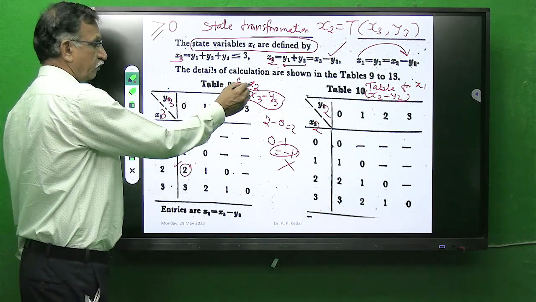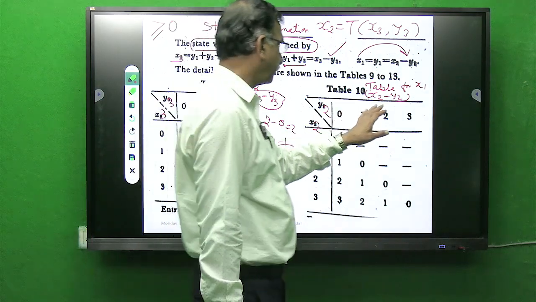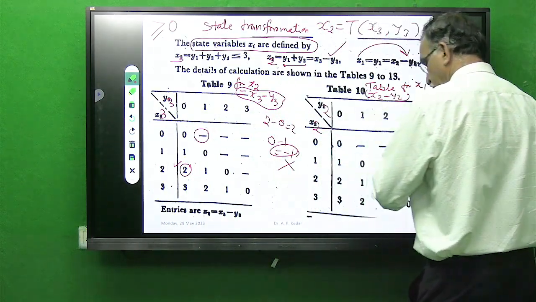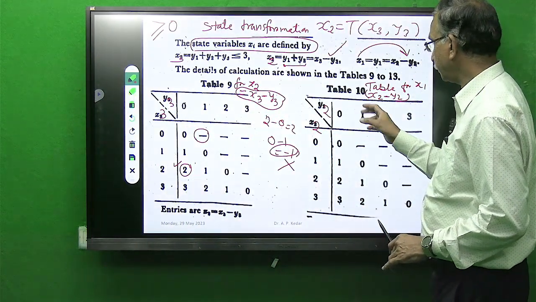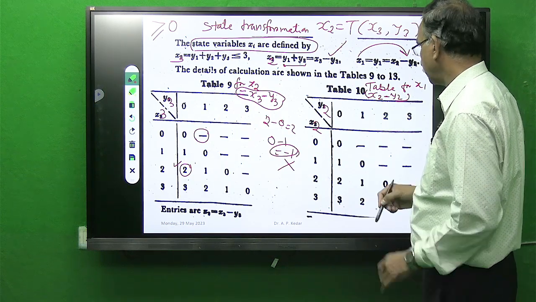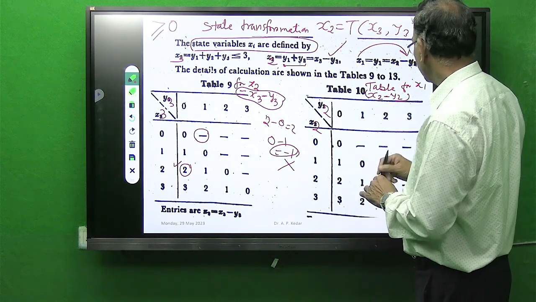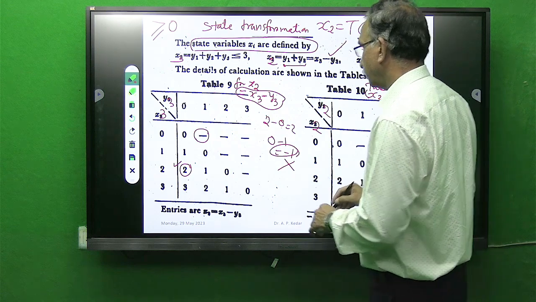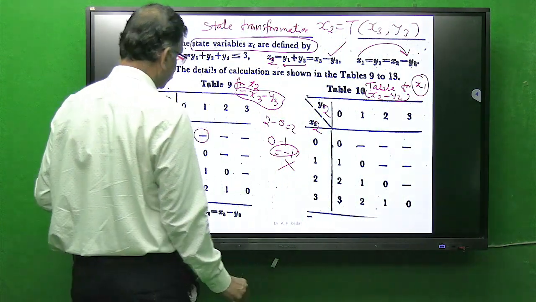So we got table for x2, we got table for y2, and now we will move ahead for calculating optimum solution based on this logic. Now we will use this table first for finding f2 of x2.